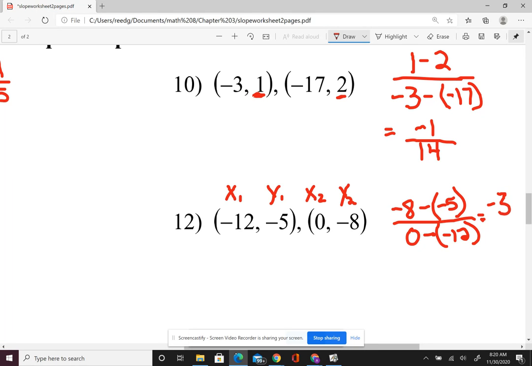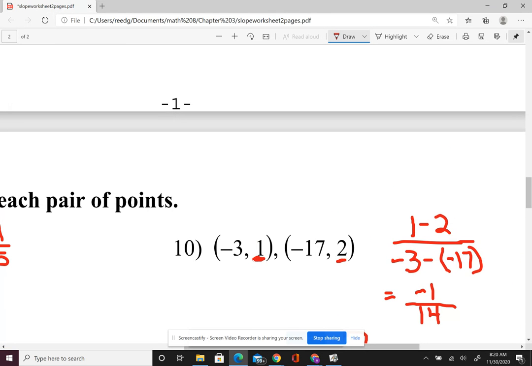So the top is going to be negative 3. The bottom is going to be positive 12, which is going to reduce down to negative 1/4. So if you have to, go ahead and put those up there.